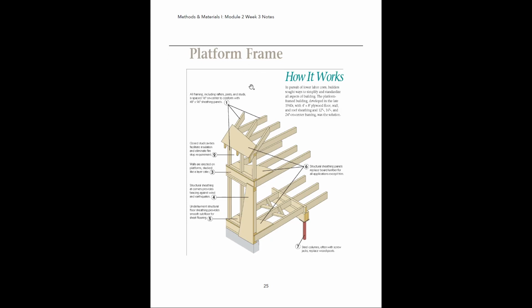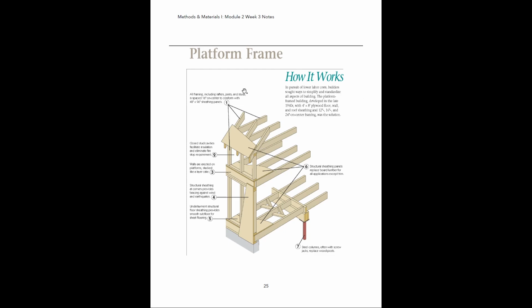So now here's a platform frame. This is a lot more in line with what we're used to nowadays. So a platform frame came about as a way to simplify the framing process and to develop something that was more economical and just a better structure, like it worked better.